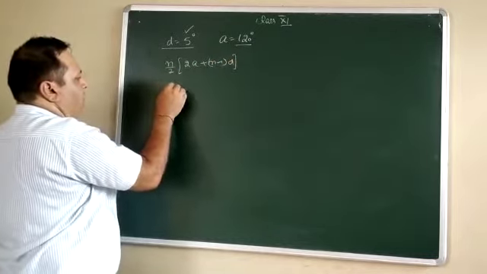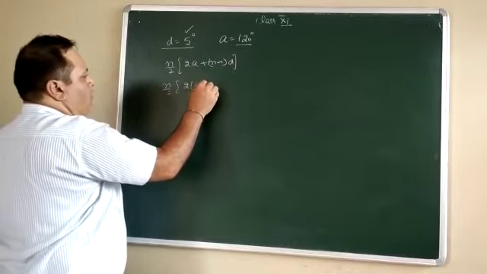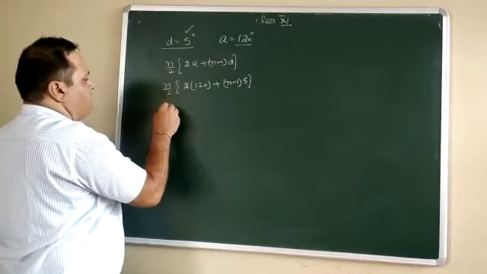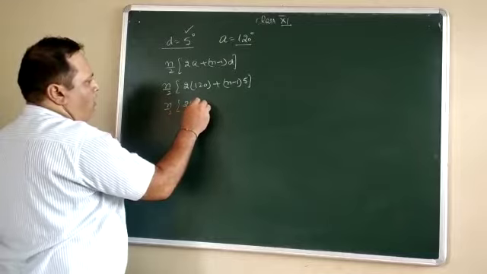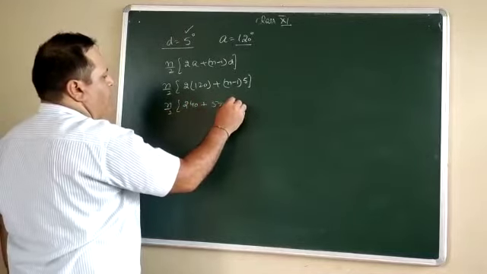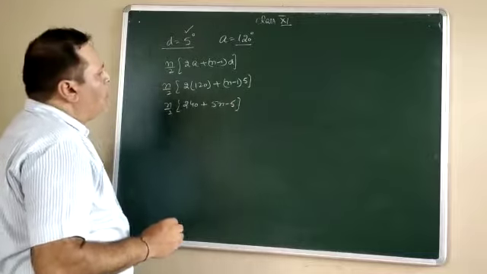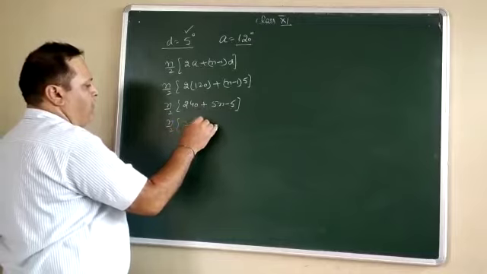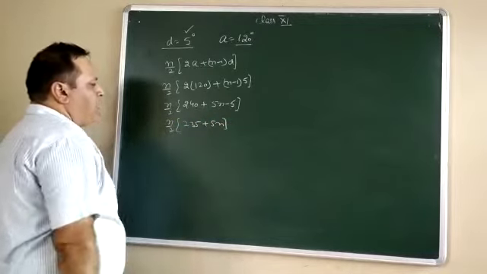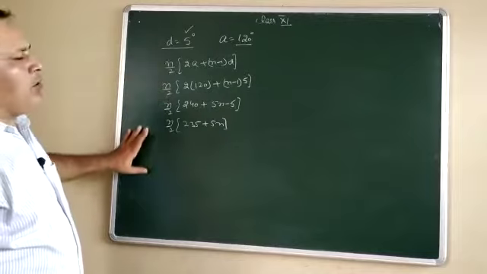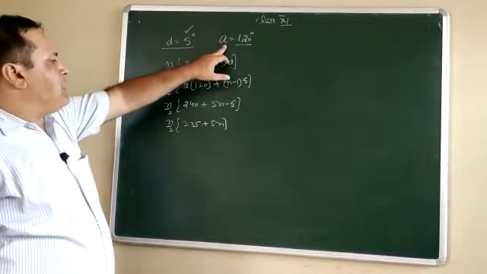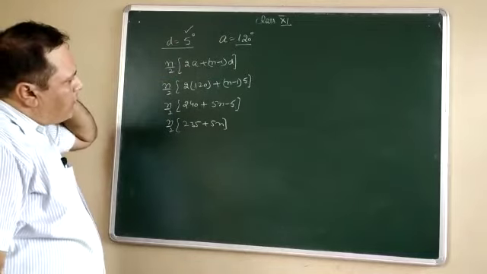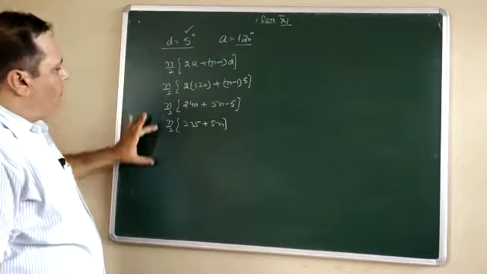It is n by 2 into 2 into 120 plus n minus 1 into 5, which is n by 2 into 240 plus 5n minus 5, so n by 2 into 235 plus 5n. This is the formula for the sum of angles of the polygon, because the first angle is 120 degrees and the difference d is 5 degrees. So this is the formula for Sn.